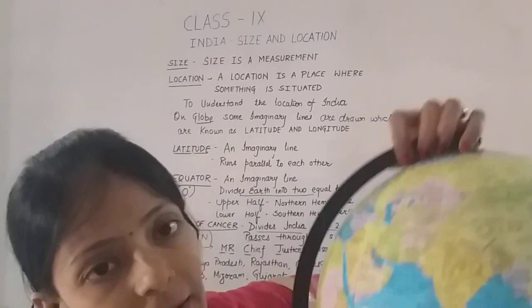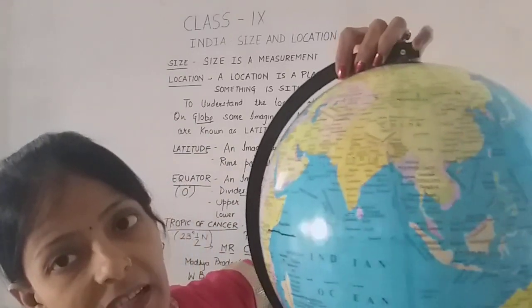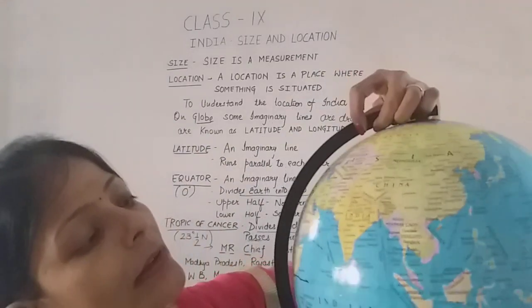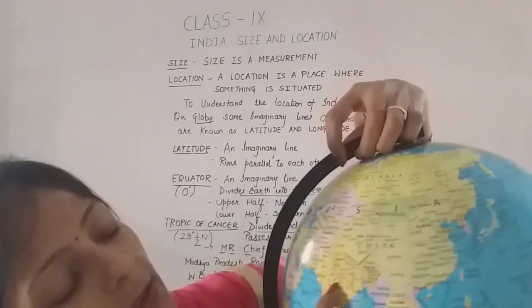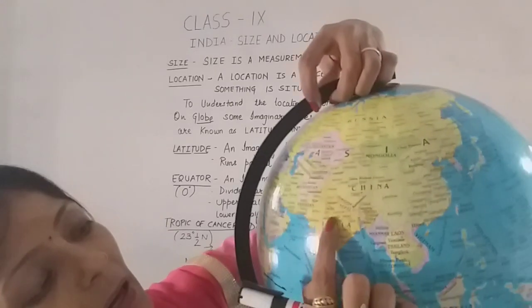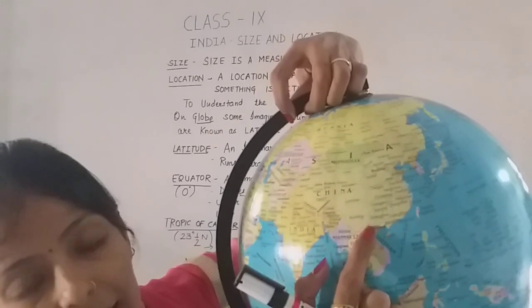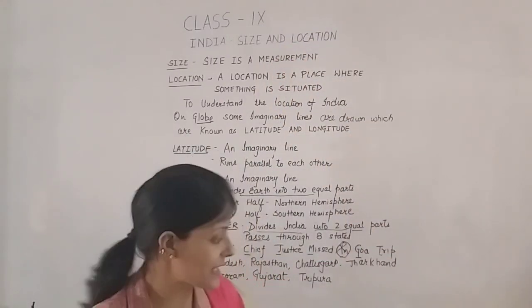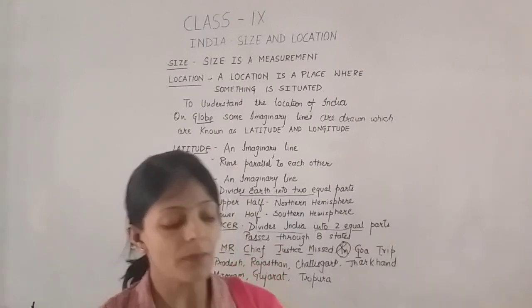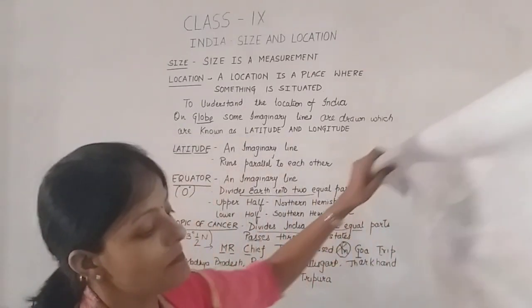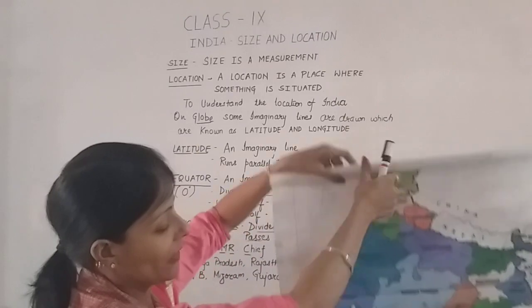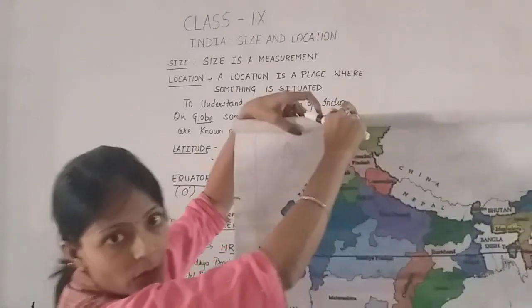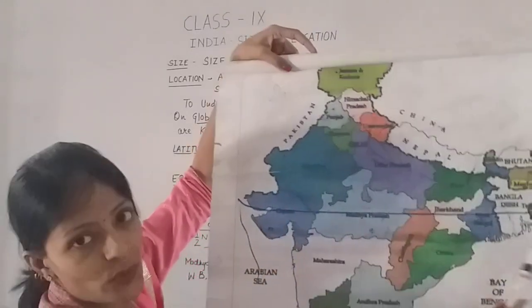This is the line which passes through here. This is Tropic of Cancer. Let me show you through one more example. This is India, students.